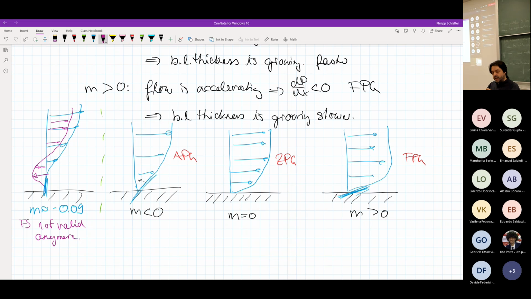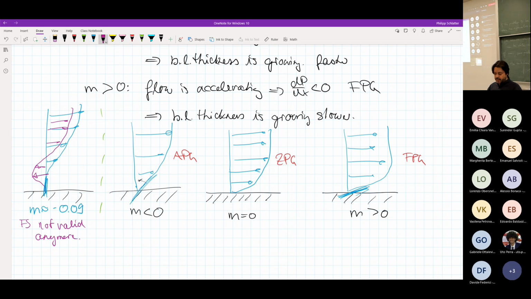You can do suction, you can increase the speed at the wall, or have vortices that mix the flow. But it's a general problem that APG means lower friction up to 0, and FPG means higher friction.